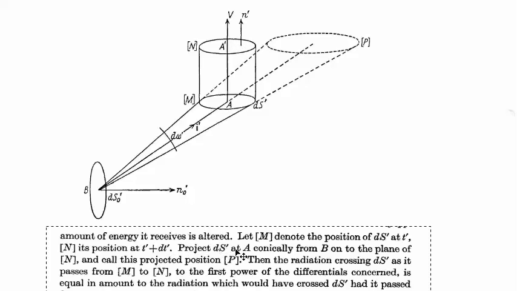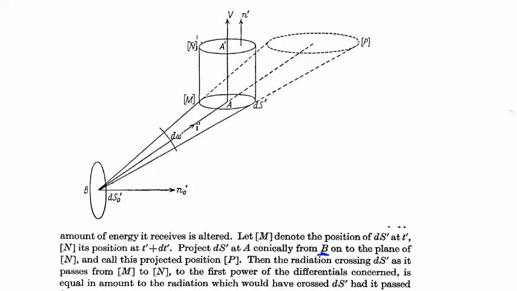Project ds prime at A conically from B to the plane of n, and call this projected position P. So project ds prime at A, this whole surface area, conically from B, from that event onto the plane of n.